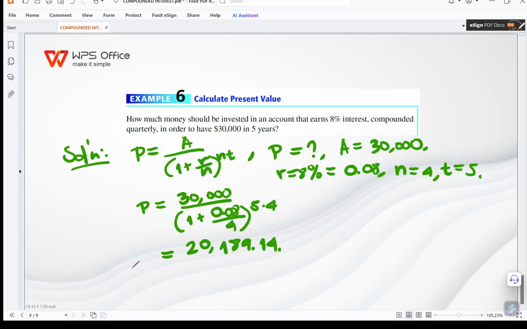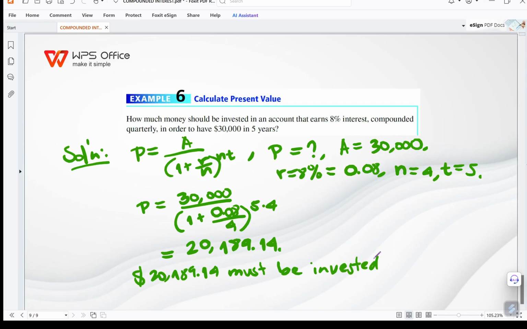So we conclude that $20,189.14 must be invested today to get the target amount A equal to $30,000. So you need to invest 20,000 plus dollars to get $30,000 in 5 years.